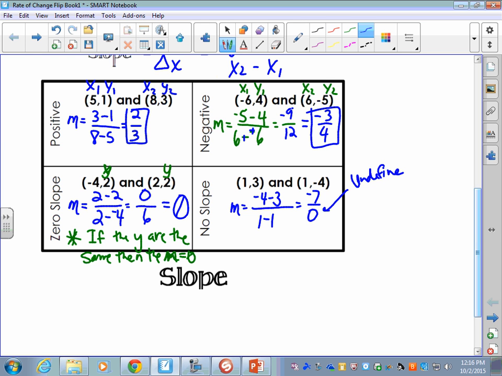There's a pattern that occurs with this. If I look at the x coordinates, weren't they the same? So if I have the same x coordinate, what is that going to tell me? It's undefined. The x's are the same, so m, which is your slope, is undefined.